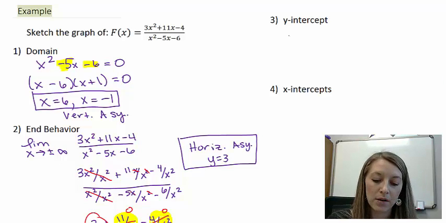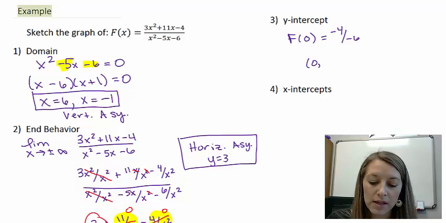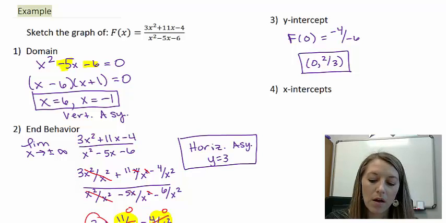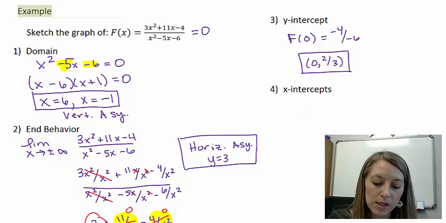To find the y-intercept, I just find f of 0. That leaves me with the constant terms in both the numerator and the denominator. So if I simplify this and put it in ordered pair form, that gives me 0, 2/3. For my x-intercepts, I set my whole function equal to 0, but I know that I can do my magic trick to cancel out the denominator.